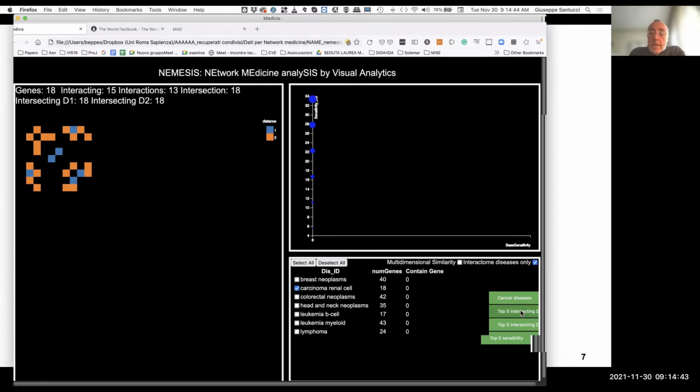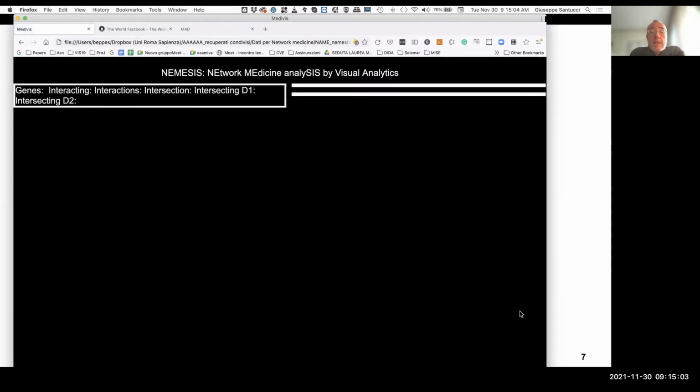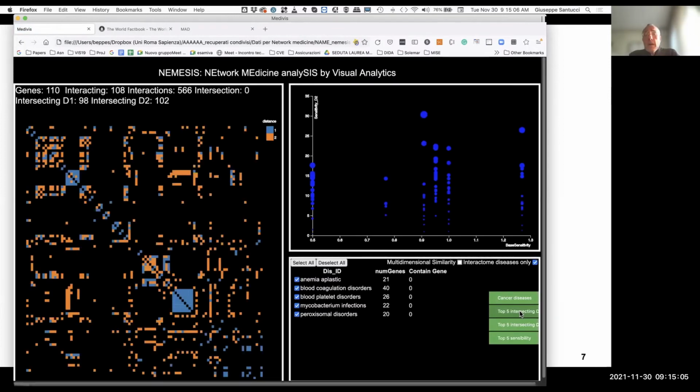Here there is something that is somehow easy, because we have this information: some doctors classified the genes associated with each of these diseases. But here there is something about the top 5 intersecting genes, the genes with a strange pattern of similarity among them.